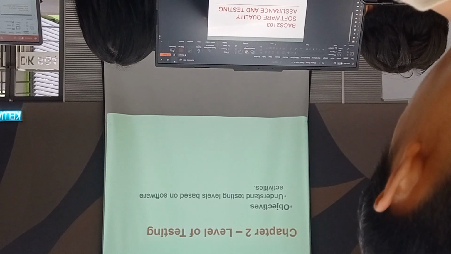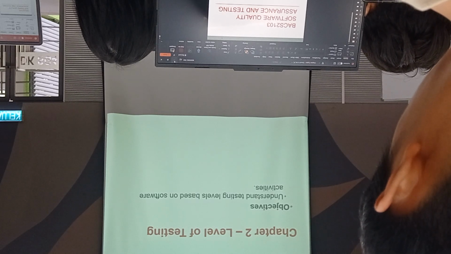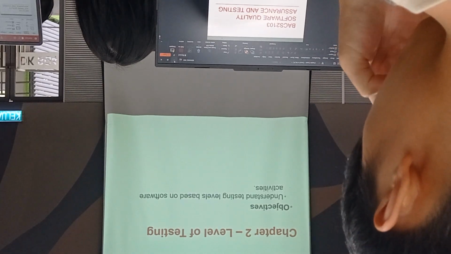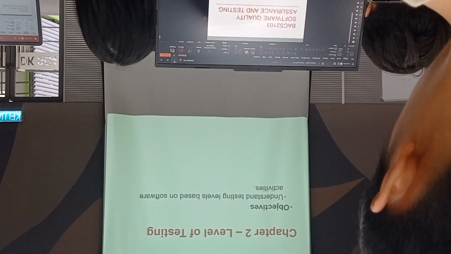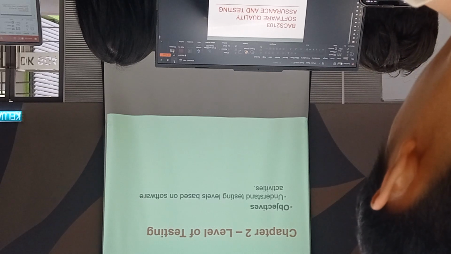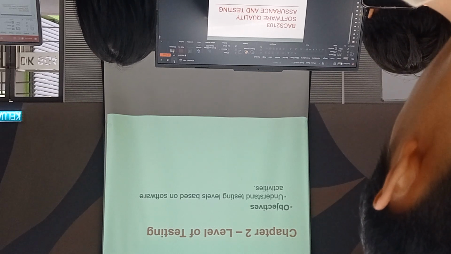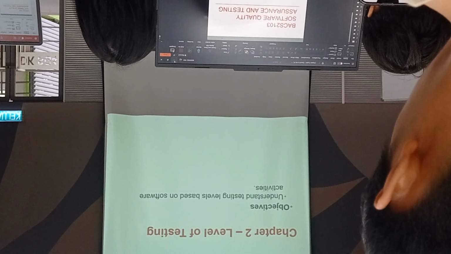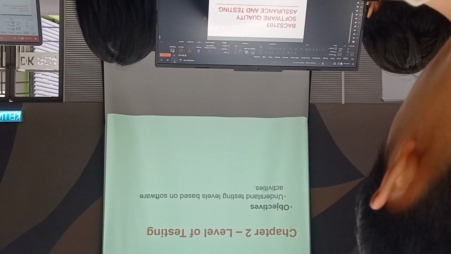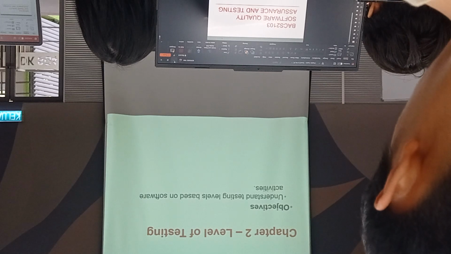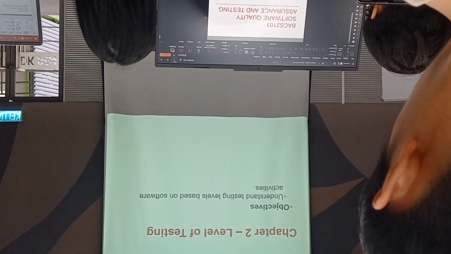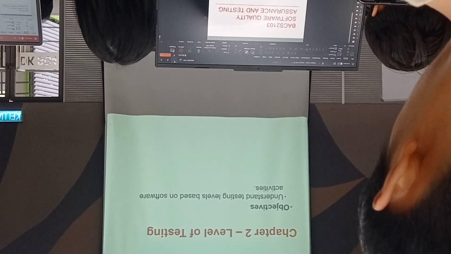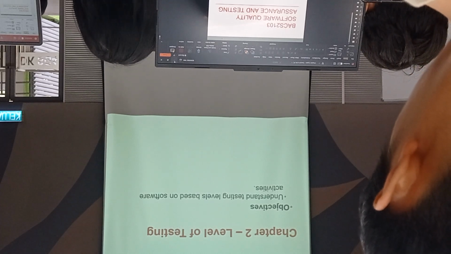Okay, so here we are going to discuss the levels of testing, which you already discussed in your software engineering course before, from the smallest size to the bigger one. We start from the individual: the unit, the functionality, the individual component.